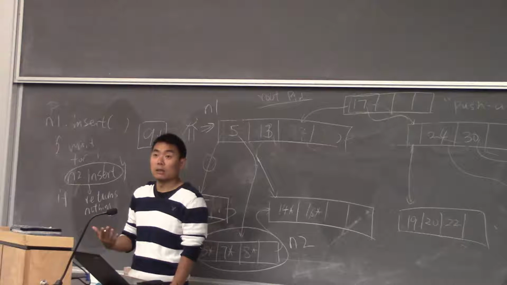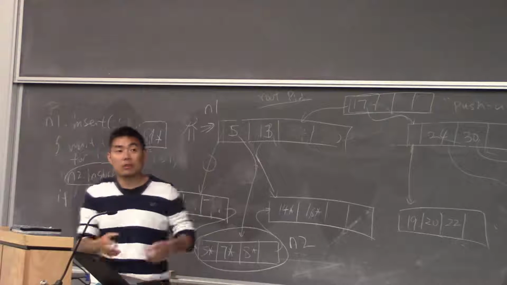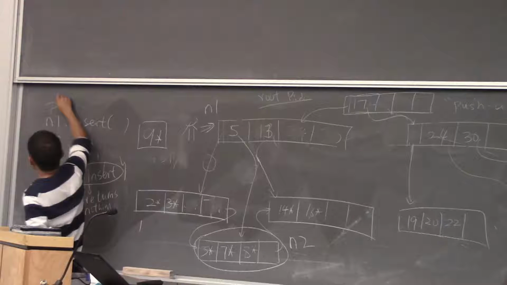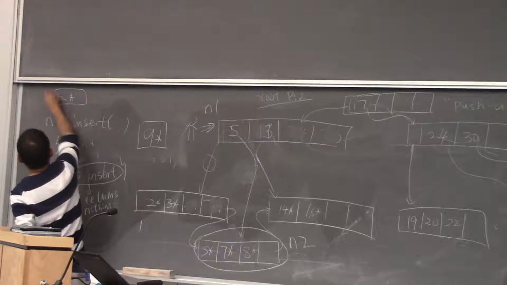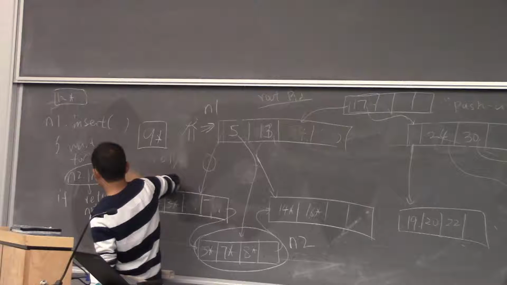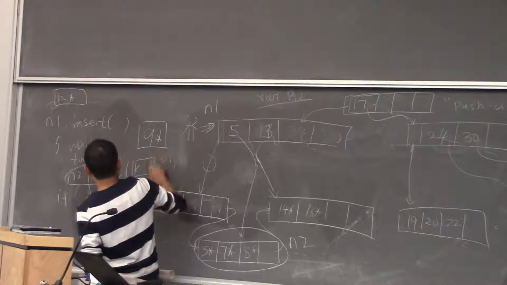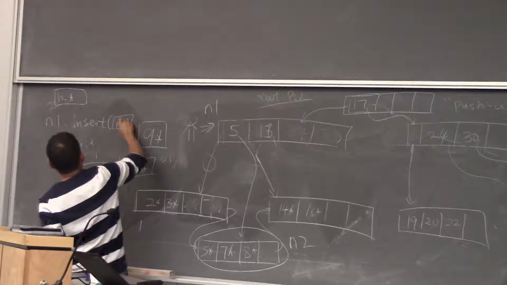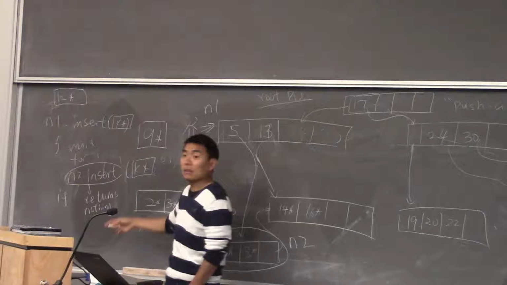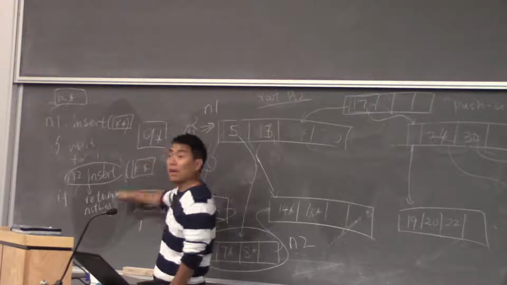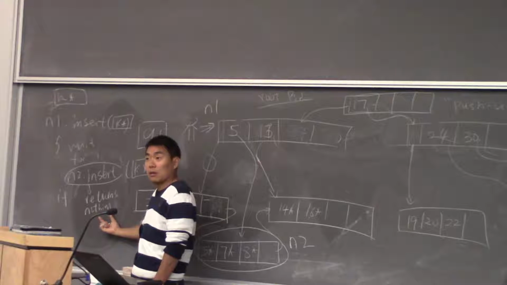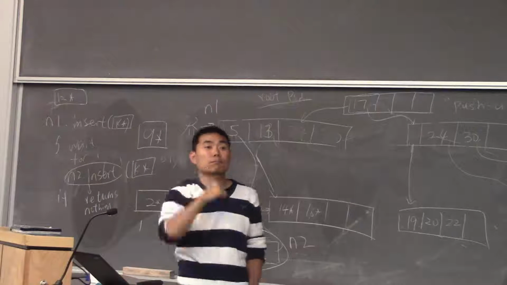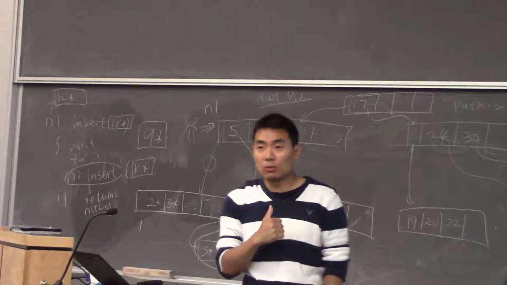You return immediately, because you view this as a black box. If this returns nothing, that tells you this entry has been inserted in the subtree rooted at this node, and it doesn't go back up to this level.